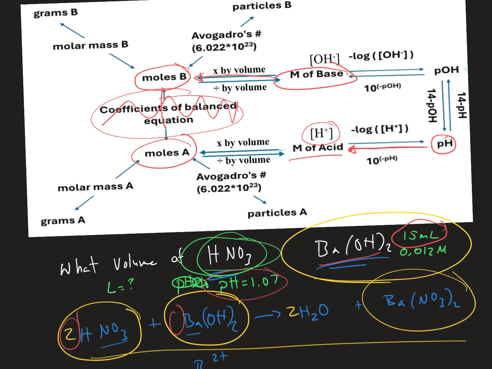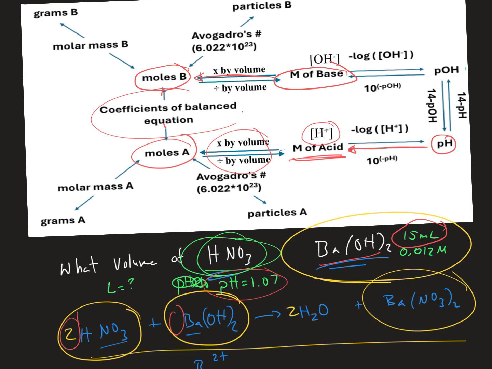Let's just see. So 10 to the negative pH gives us the H plus concentration. So basically it's a 1-to-1 ratio, so we have our concentration of our acid. And we're looking for volume. We've got to do both of them, yep. So yes, we do have to.